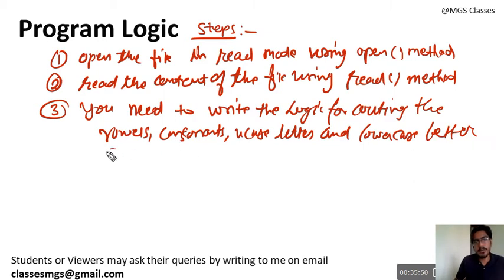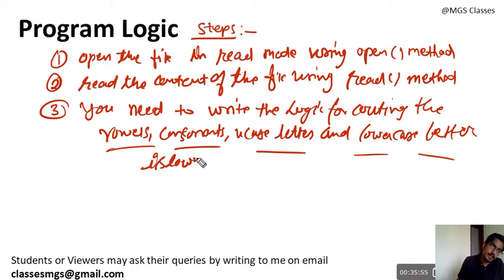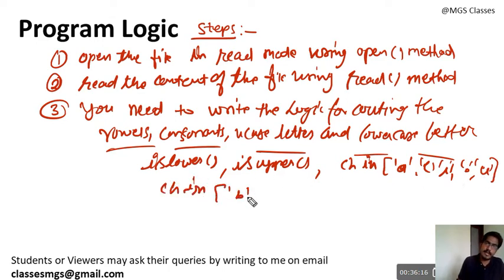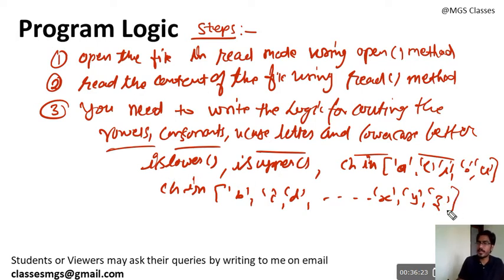This I have already shown you, how to count using the islower function, the isupper function, and checking whether a letter is in this list A, E, I, O, U. I have already shown you how to put it into this if condition, and to check the consonant you will write like this: B, C, D and so on up to X, Y, Z. I am writing it in a fast way, because we have already taken much time in explanation, no need to write it again.